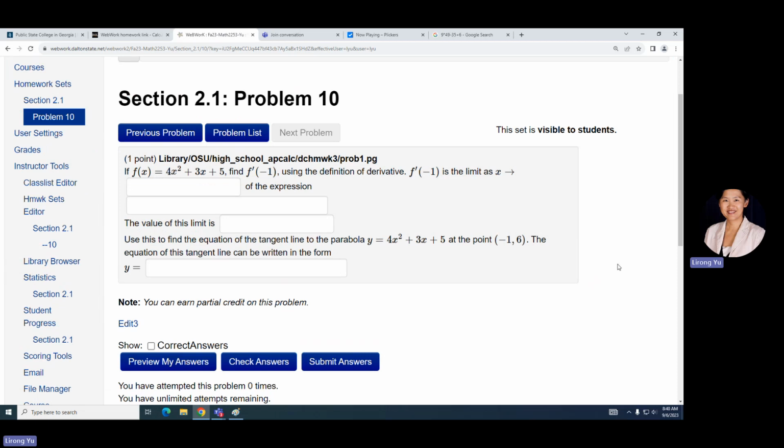So this is another function, a degree 2 polynomial, and we're trying to find the derivative at -1 using the definition. So this really involves understanding the definition.